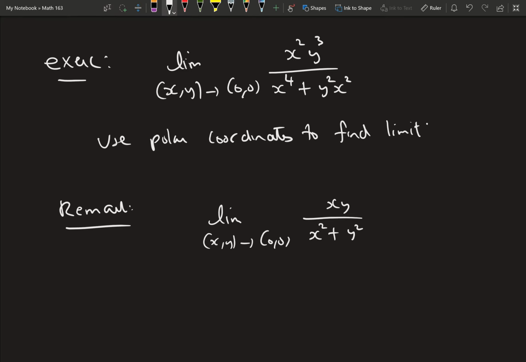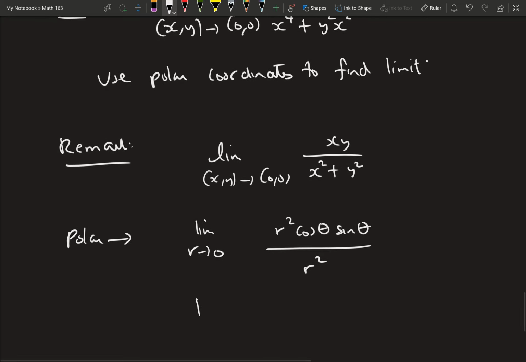But let's just say we used polar coordinates. If we switch over to polar, this becomes the limit as r goes to 0 of r squared cosine theta sine theta divided by r squared. X squared plus y squared is r squared. And this becomes the limit as r goes to 0 of cosine theta sine theta.